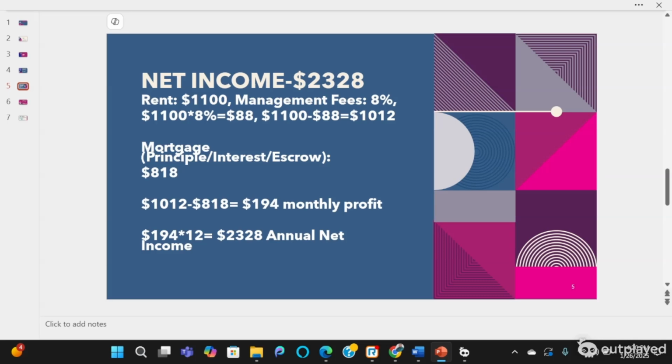So we take $1,100 times 8%, and we see that's $88. So out of that $1,100 every month, property management gets $88. If we subtract that 88 from the 1,100, we see that is $1,012.